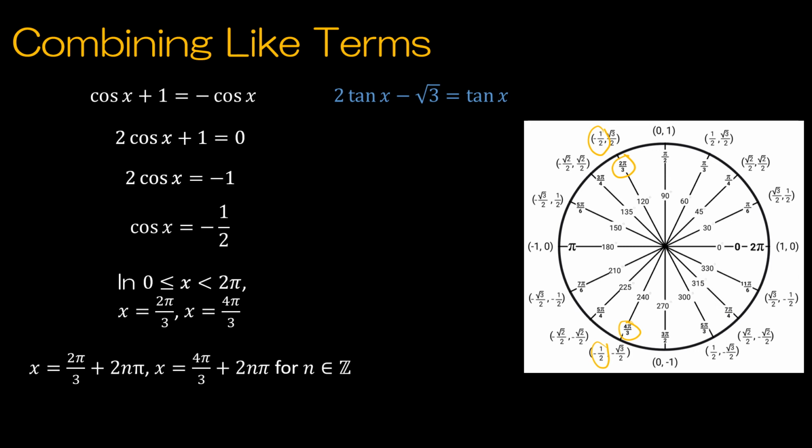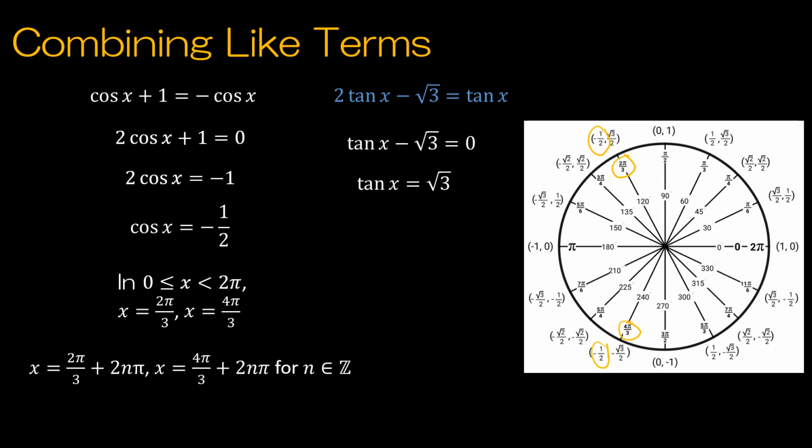So again, the first thing I would do is subtract tangent of x from each side. That would give me 1 tangent of x minus radical 3 is equal to 0. Add that radical 3 to get it to the other side. And now I'm looking at my unit circle for where tangent of x would be equal to radical 3. And remember, tangent is y over x, which is sine divided by cosine.